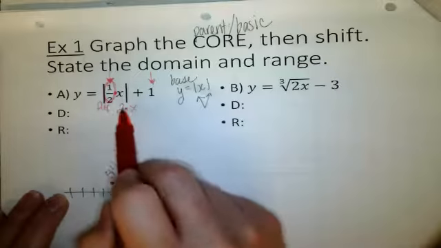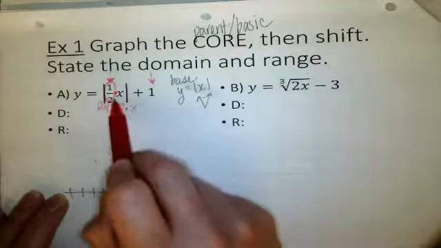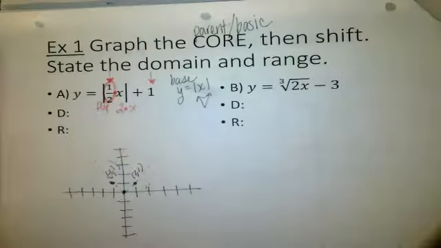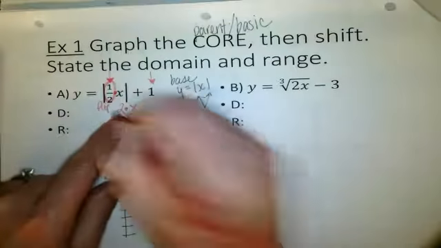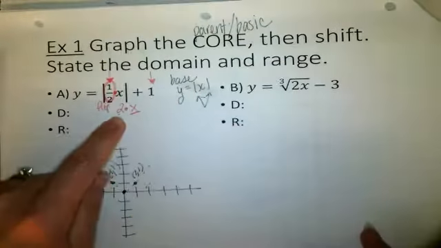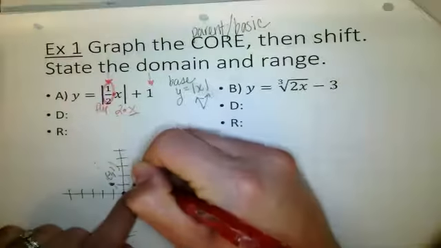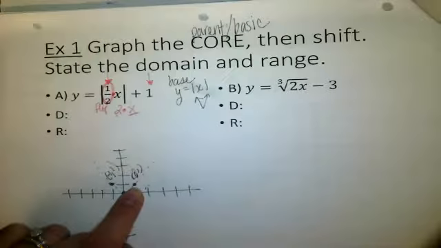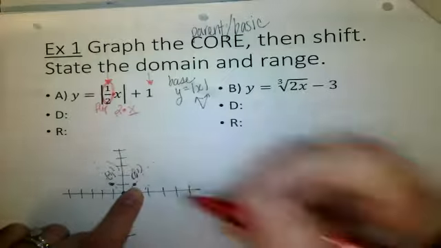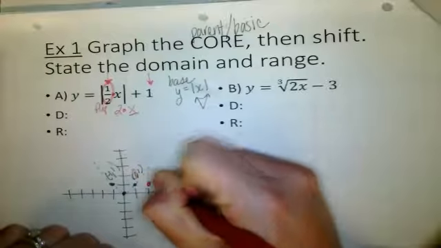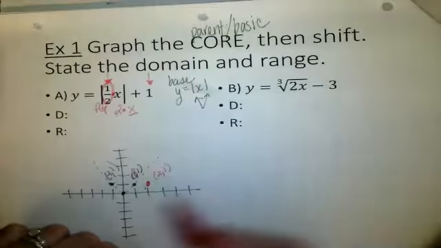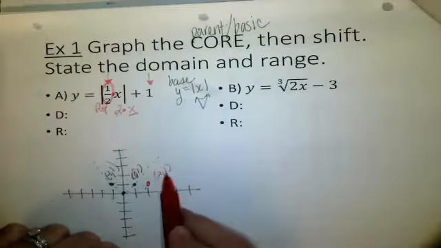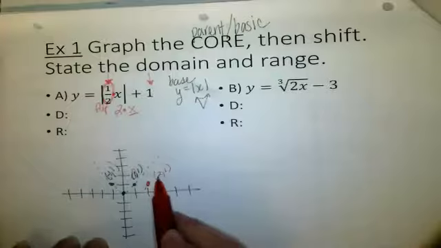And in order to do this transformation, this is actually a horizontal stretch because we're going to take the x coordinate and multiply it by 2. So I'm looking at my x coordinate here. Multiply it by 2. What do you get? 2. The y stays the same. So it becomes 2, 1. The y value didn't change. We're only changing the x.